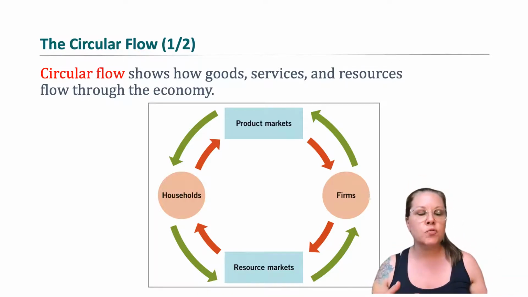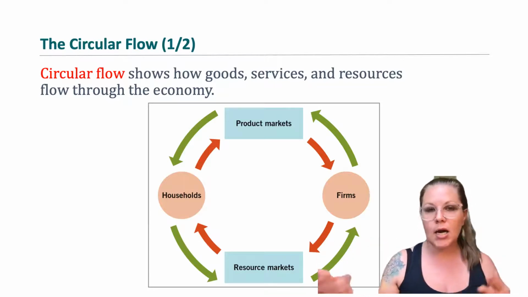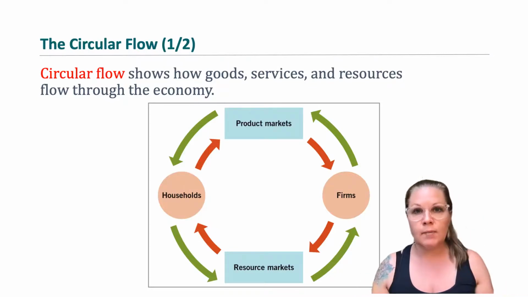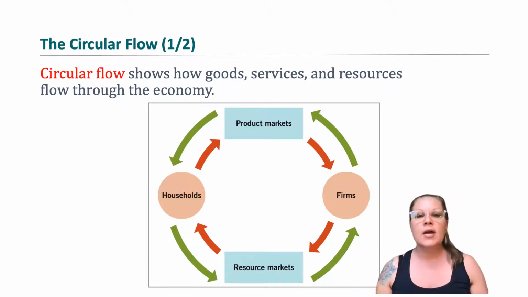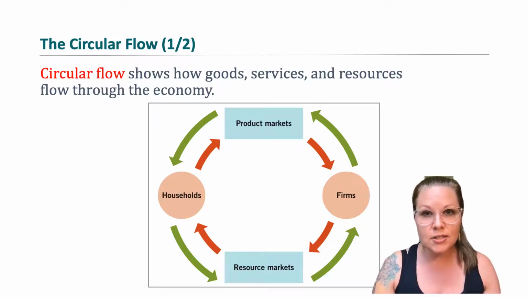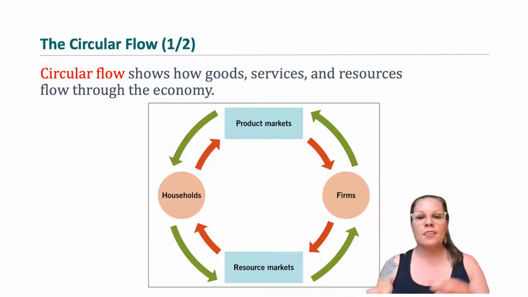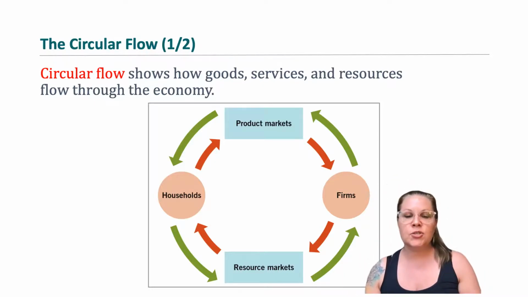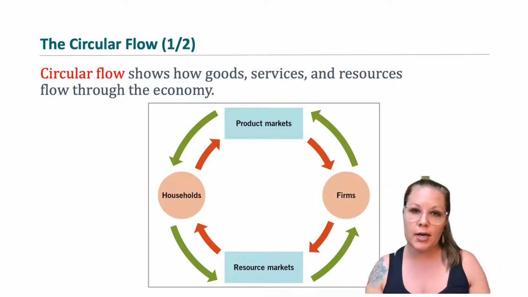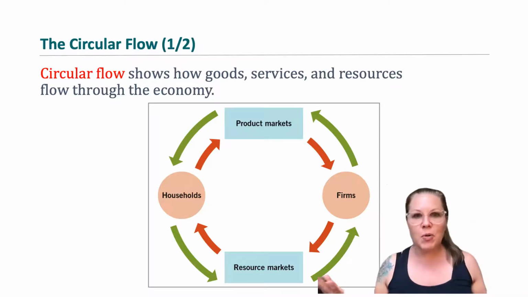Like I want to buy a hairdryer and I want to buy milk and I want to buy the service of someone mowing my lawn, right? And so in the product market, households are buyers, which makes firms the sellers. And so the firm is going to sell goods and services to the household through the product market.